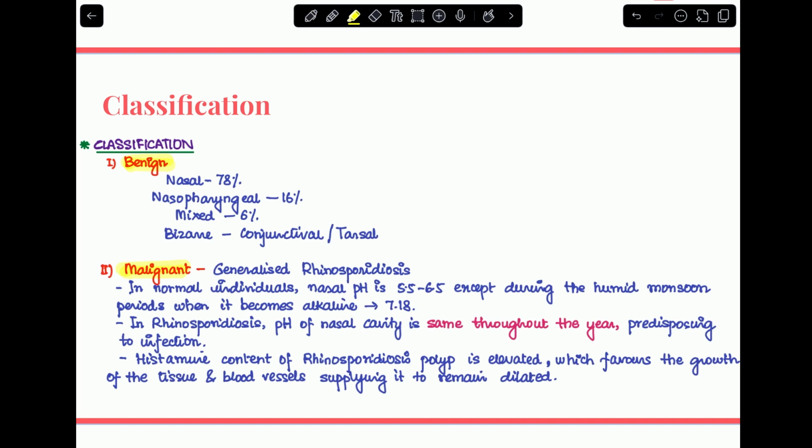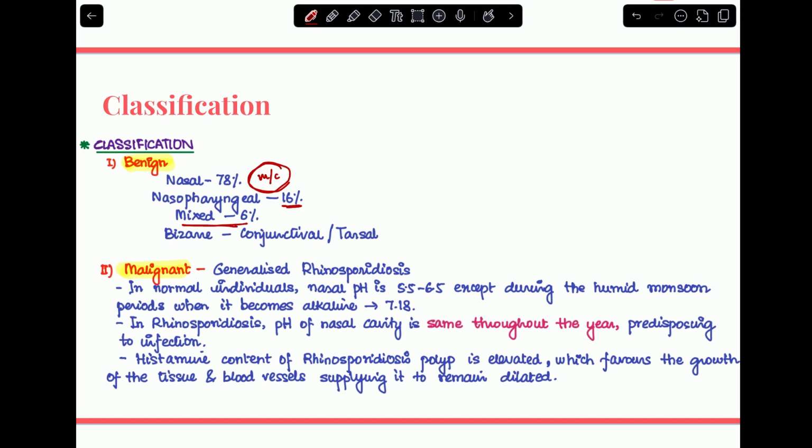Benign is when it is very isolated to a certain specific area. So, the most common site is obviously the nose. 78% cases have only nasal manifestations, and 16% you see nasopharyngeal. Sorry, and mixed, which is nasal and nasopharyngeal, is seen in 6%.